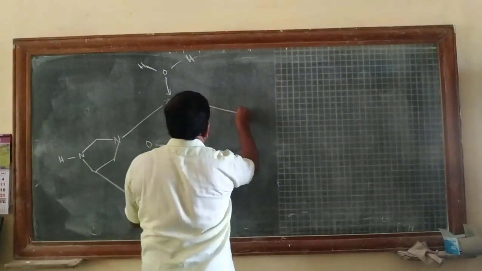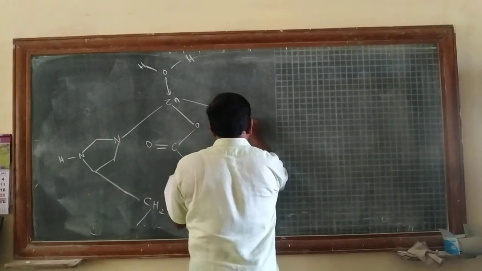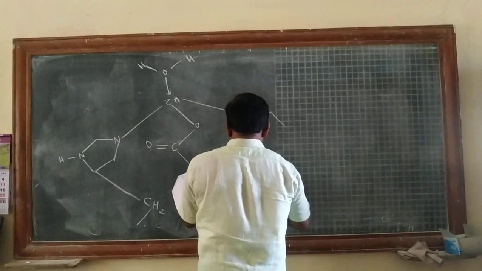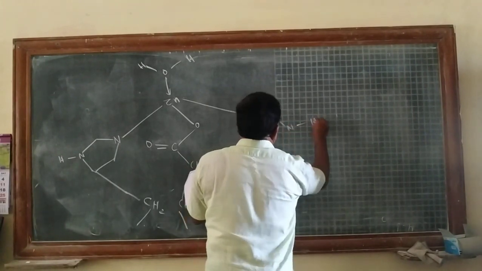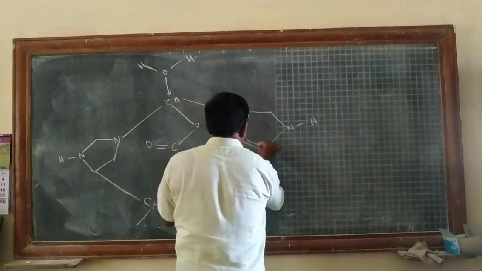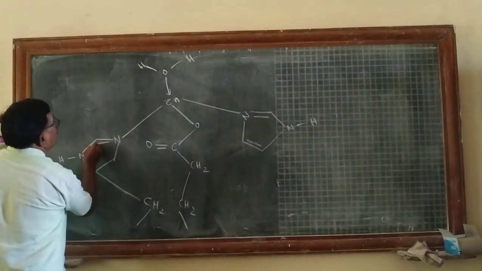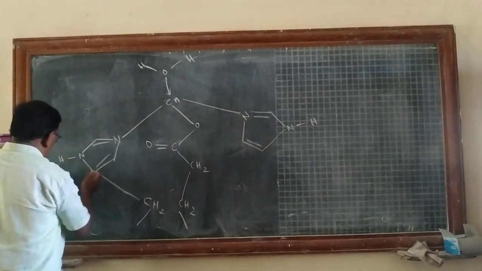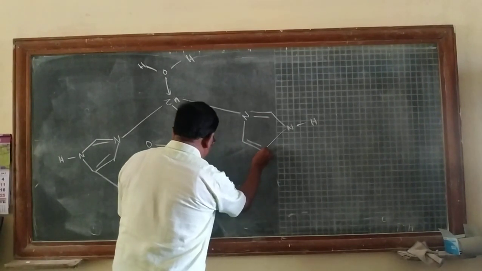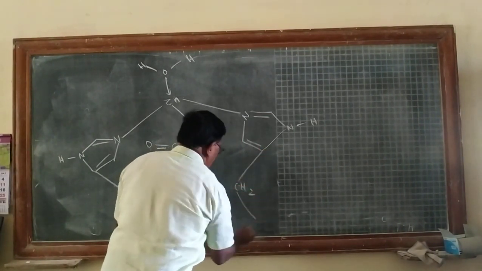Then the third one is a nitrogen atom, N, single bond H. This is double bond, this is double bond. Here also there will be a double bond, and then this is CH2.